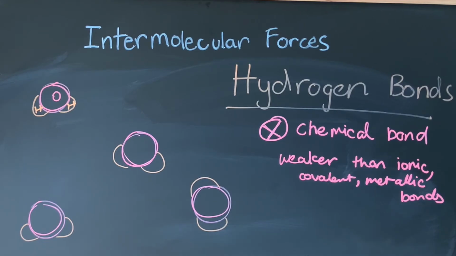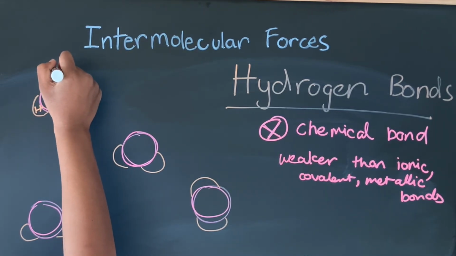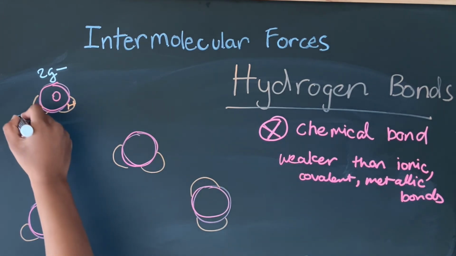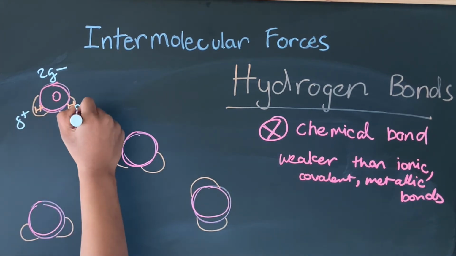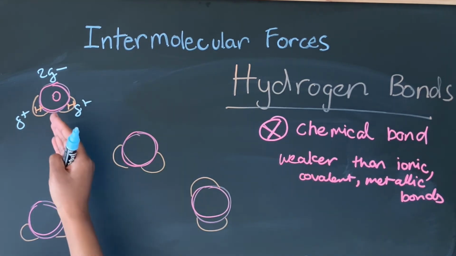Here we know that the oxygen is slightly negative, while the hydrogen atoms are slightly positive. And between these atoms, the hydrogen bonds are the attractive forces, where the hydrogen is covalently bonded to a very electronegative atom, such as oxygen.